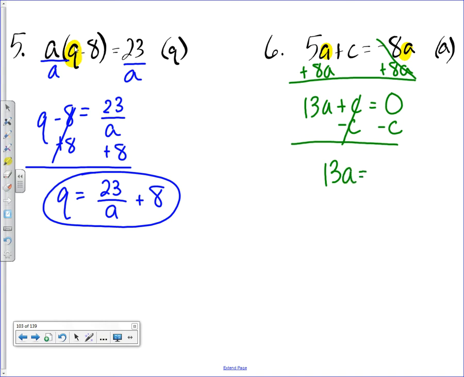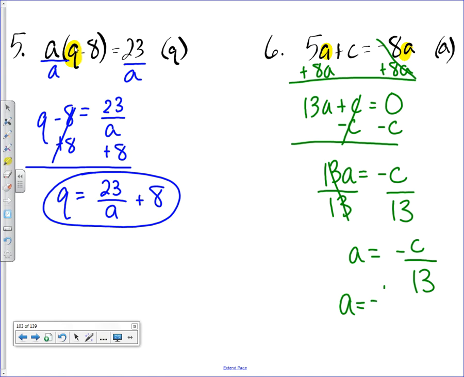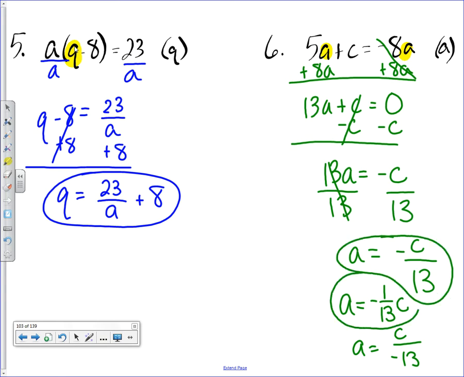I have 13a is equal to negative c, and my last step here will be divide by 13 on both sides, and I get a is equal to negative c over 13. Now, folks, there's a lot of ways to write this. I could make this a equals negative 1/13 c. That means the same thing. You could even put that negative symbol down in the denominator. That would be okay as well. So there's tons of different ways you can represent that answer.